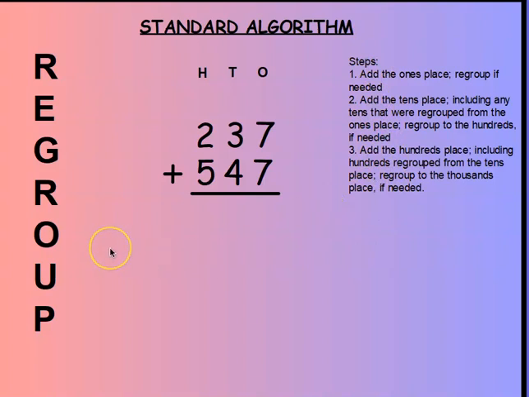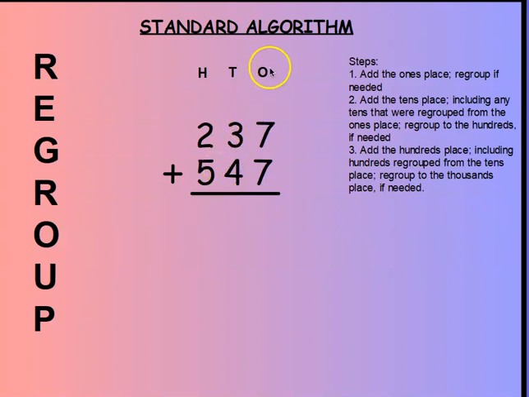But I also want us to remember that sometimes we have to do things called regrouping. And regrouping means when we add numbers together that are bigger than 10 or bigger than 100, we have to make sure we regroup that value into the correct place value.